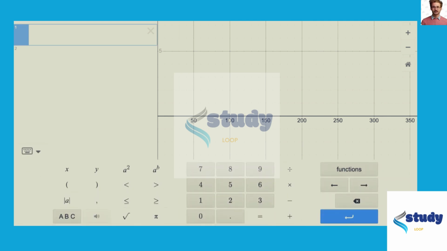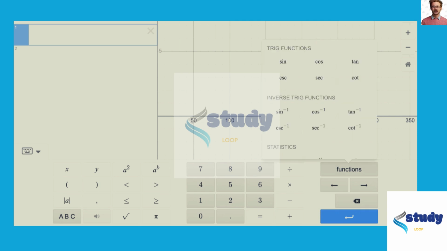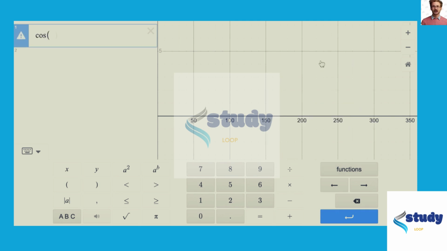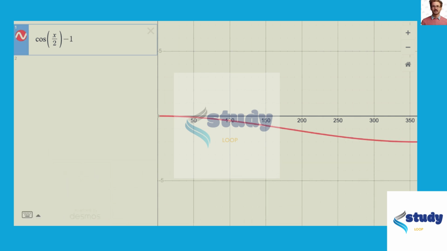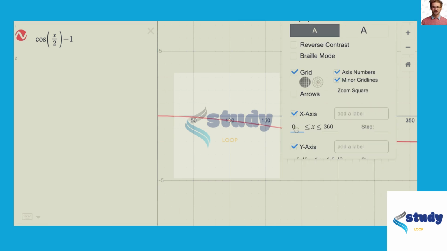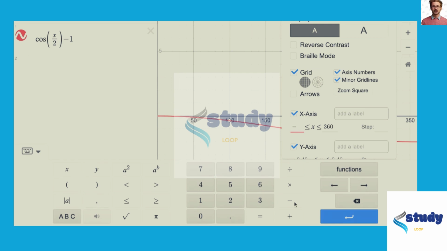And so the first one is cosine of x over 2, and then we'll do minus 1. And so that is at, let me do this from negative 90 to 450, just to give me some space.